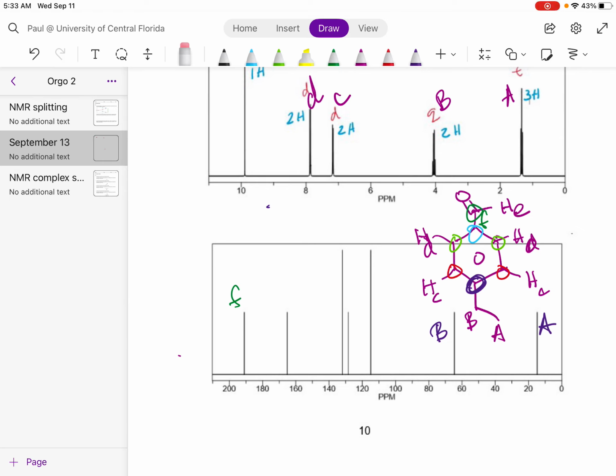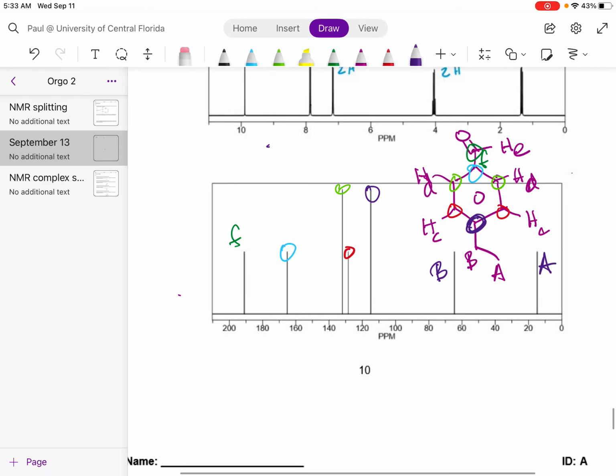Where would you expect that light blue one to show up? Right there, because it's next to F. So the green ones right there would be next. And then the red ones would be next. And then the last one. Perfect.